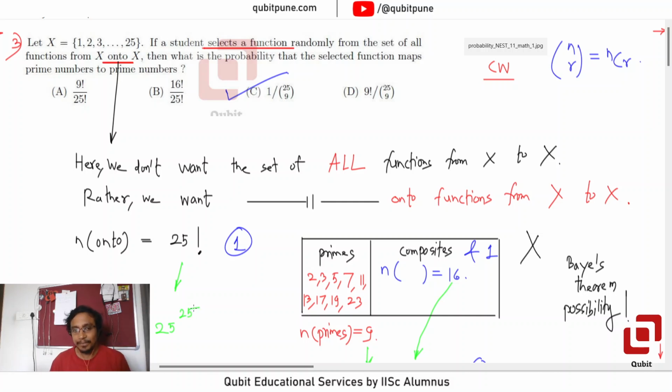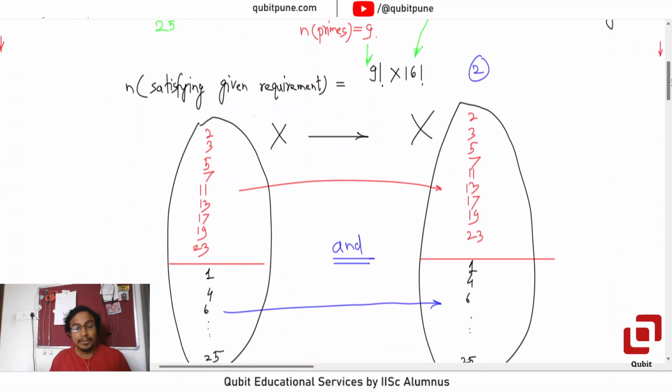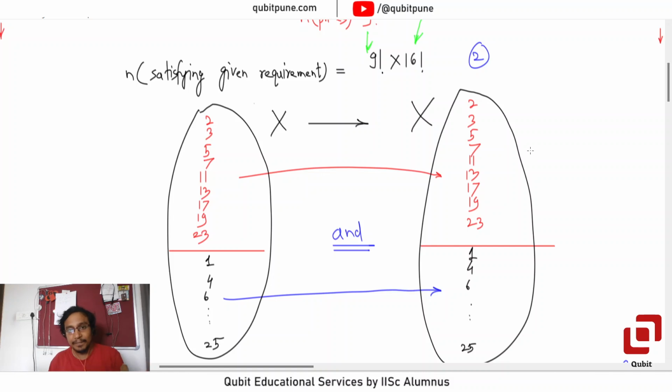Got it? तो वो हो गया. अगर onto का requirement नहीं होता तो ठीक है. And even here for this case how would it be? It would be 9 raised to 9, because 2 can get mapped to any of these 9, but for the rest of them there would be 25 options.